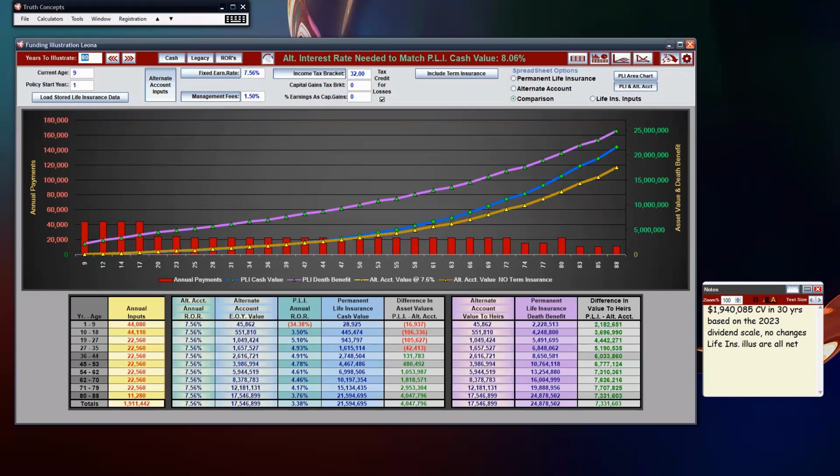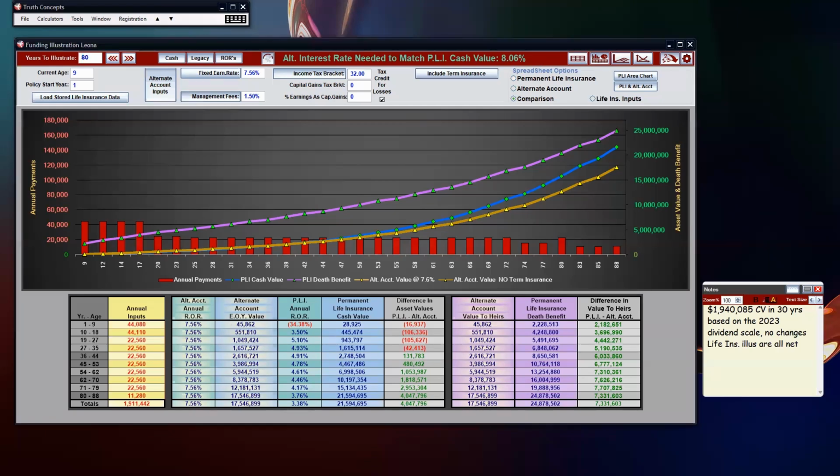If we didn't put money in the life insurance policy and we could earn 7.56% per year, every single year with no down years, no 2008, 2009, no fluctuations in what the market did, and we stayed at that 7.5% the whole time frame, we would end up with, after taxes and commissions, about $17 million.